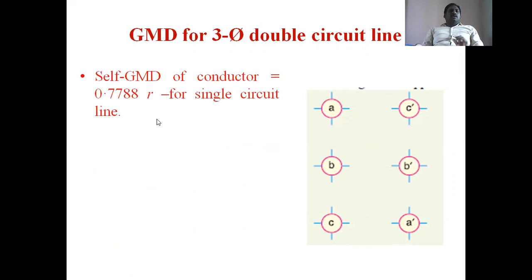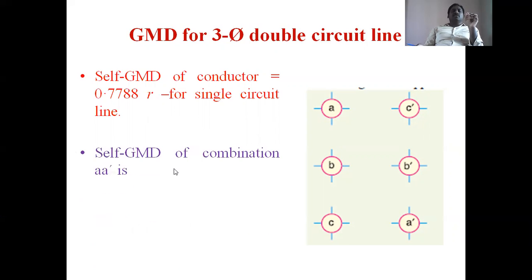First, the self GMD of a conductor is, as usual, 0.7788 R, where R is the radius of the conductor. This is for a single circuit line. But for a double circuit line, see here, first we have to calculate DS1. DS1 involves the distance between conductor A and A dash.